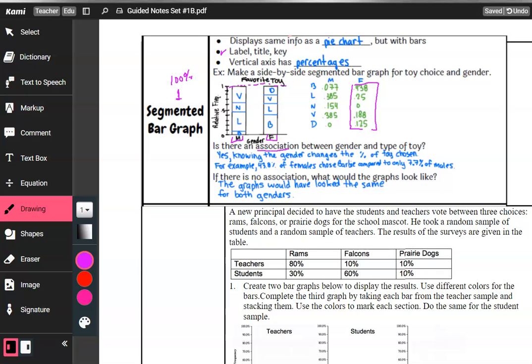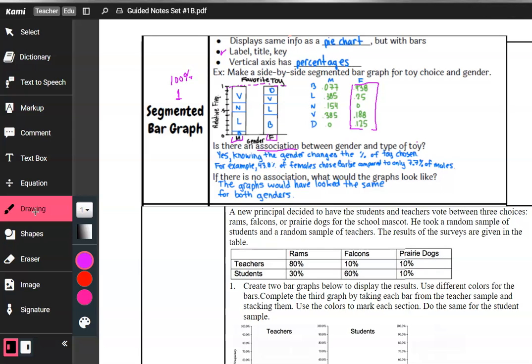Okay, this is an important topic in statistics, association. Is there an association between gender and type of toy? So if you compare both pictures, you notice that the pictures look different, they're not the same amount. For example, for Legos, you don't have the same amount for males as for females.